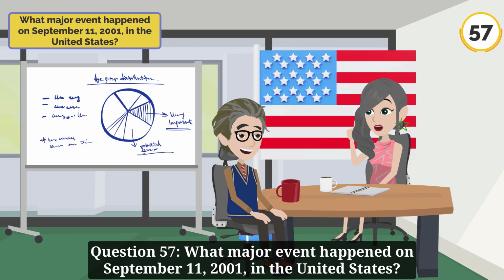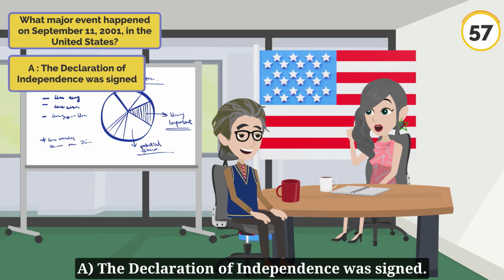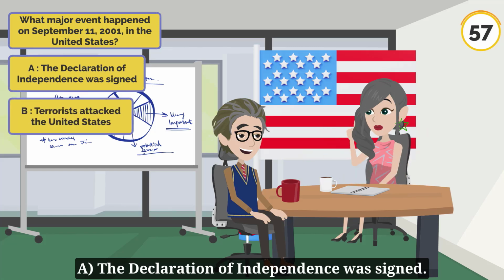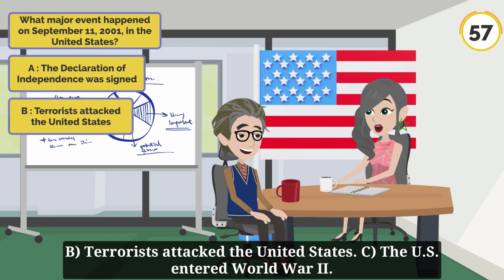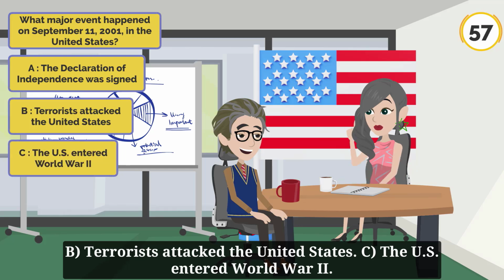Question 57. What major event happened on September 11, 2001 in the United States? A. The Declaration of Independence was signed. B. Terrorists attacked the United States. C. The U.S. entered World War II.